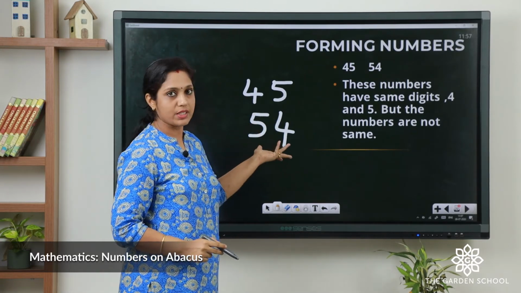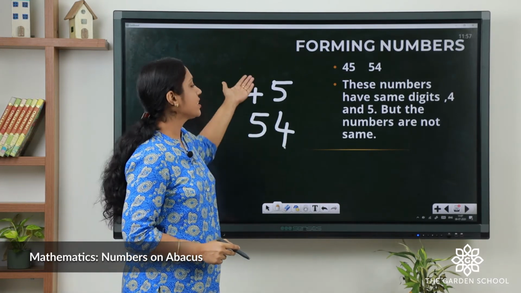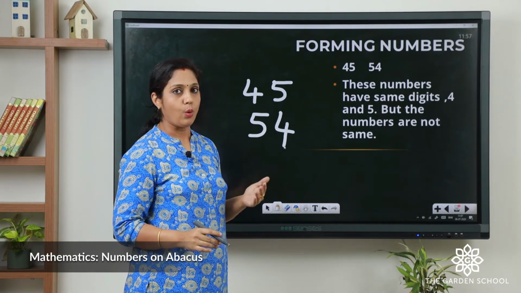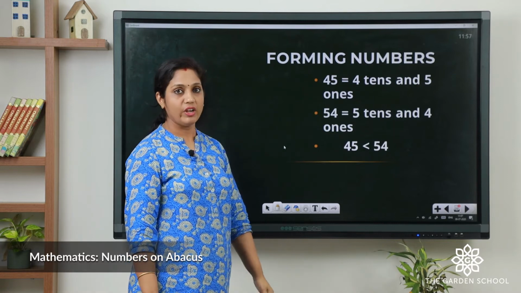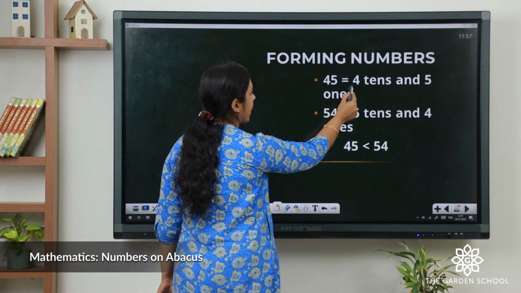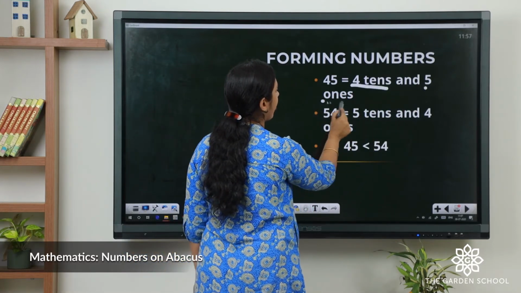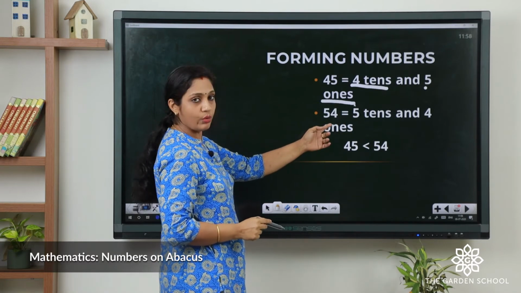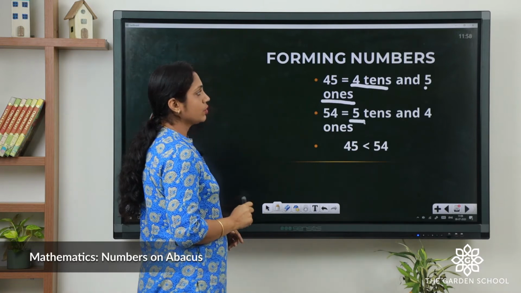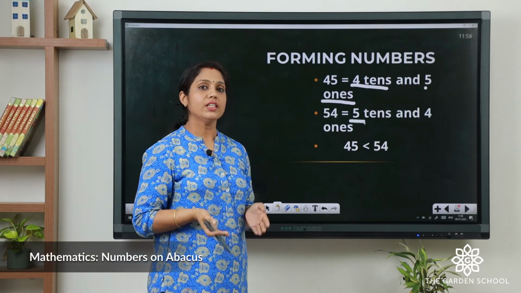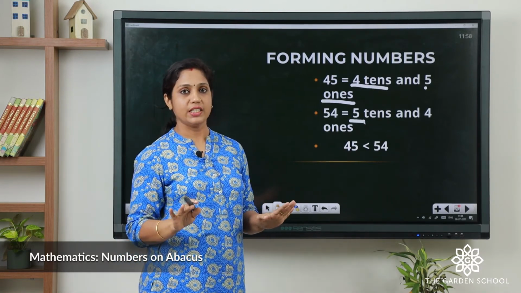The same digits are used, but these numbers are not the same. Why? Because in 45 we have 4 tens and 5 ones, and in 54 we have 5 tens and 4 ones. So even if the digits are the same, the number is not the same.